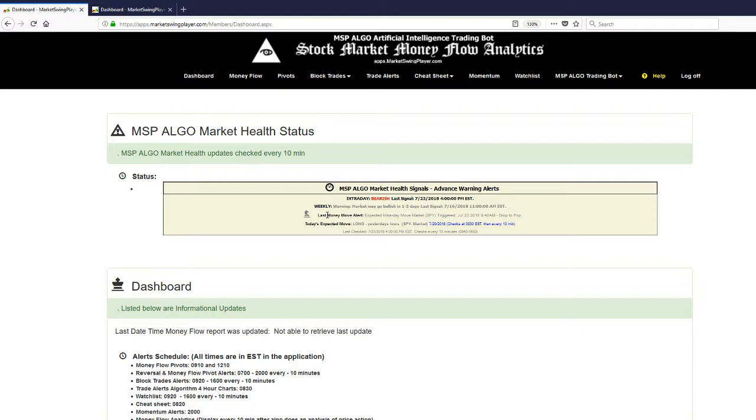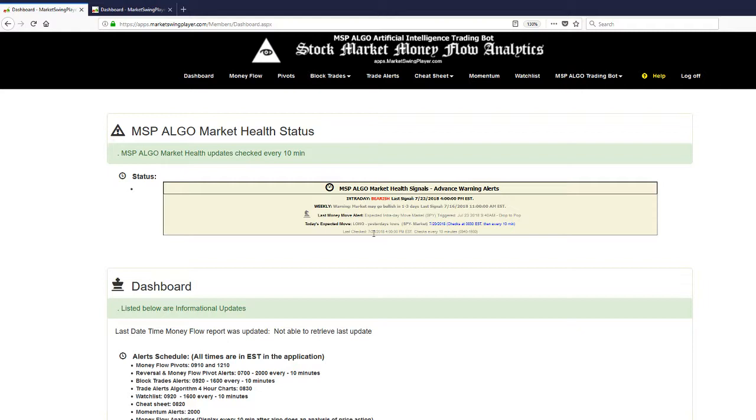We could see that alert was triggered at 9:40 a.m. and the market did follow. And then we have another one, and this also involves the intraday. The different algos looking at different things. And we didn't get a new alert for this one today.